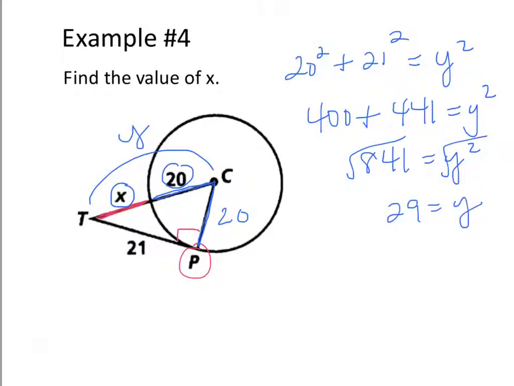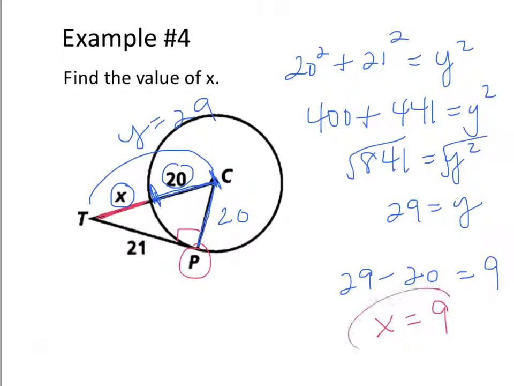Now that's a triple, 20, 21, and 29, that we don't use very often. But that means the whole side is 29. Well, if this piece is 20, I'm going to take 29 minus 20 and get 9. So in my problem, x is going to be 9, because 9 plus 20 gives me 29.